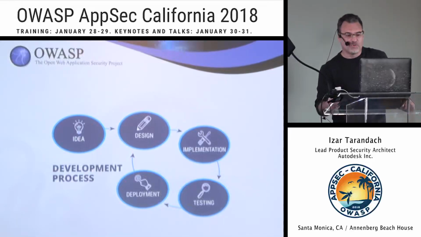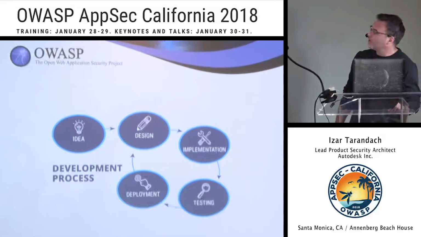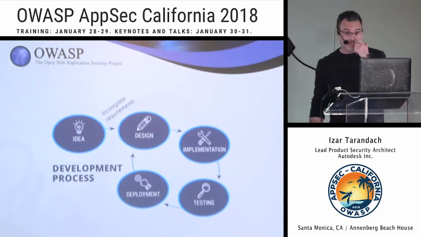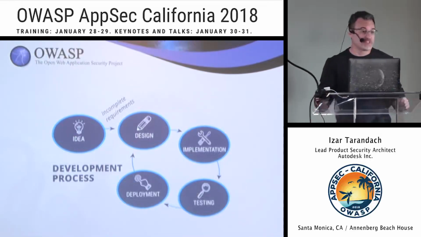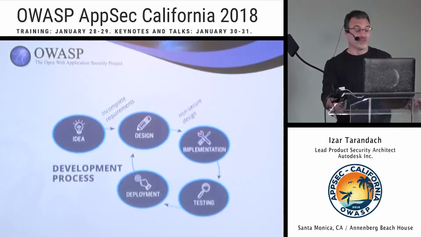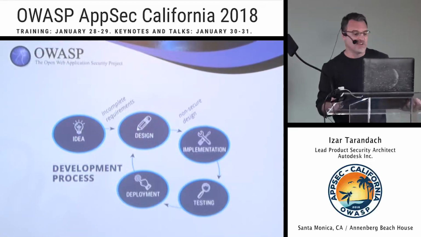If we look at the things that fail when we are trying to develop something, the first thing between the idea and the design would be incomplete requirements. If you don't know what you're asking for, if you don't know what you expect to get out of that implementation, you probably are not going to get it at the end. When going from the design to the implementation, you could end up with a non-secure design, and then everything is open.